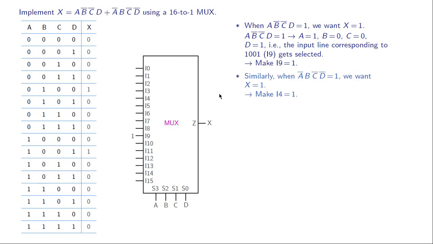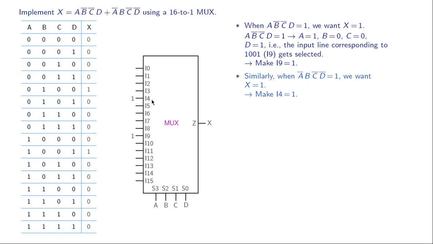Similarly, we can treat the second minterm, and that minterm is here. So ABCD is 0 1 0 0 in that case. Now 0 1 0 0 is decimal 4, so pin I4 gets connected to the output, and therefore we should make I4 also equal to 1, like that.